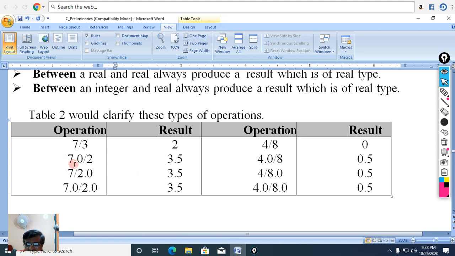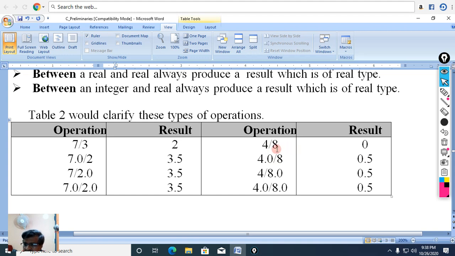Instead, if you would have said 7 divided by 2.0, it would have given us 3.5. Either in the numerator or in the denominator we have to add this decimal point, or the period, and it would have given us the correct answer. Mentioning decimal points for both the numerator and the denominator is no problem. 4 by 8 will result in 0, obviously, because 4 is an integer and 8 is an integer constant.